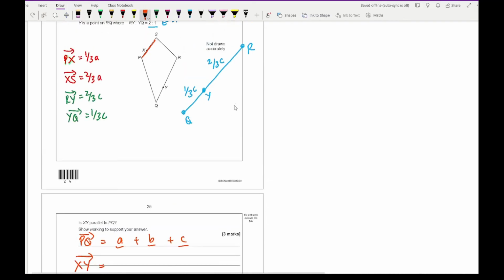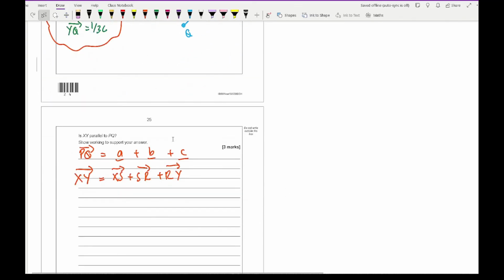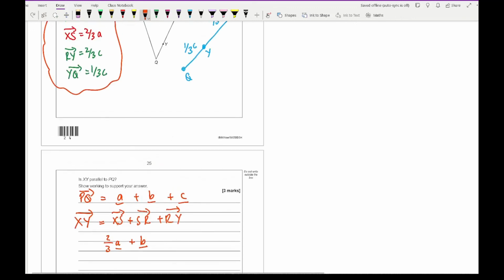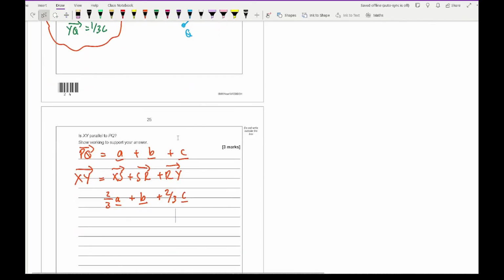Well, I need to go from X to S, then S to R, and then R to Y. Now, using these measurements here, and obviously the diagram, let's complete that. So X to S is 2/3 A, so 2/3 of A, plus B, sorry, S to R, which is just B, and I've got R to Y, which is 2/3 of C. Now, are the two lines parallel?